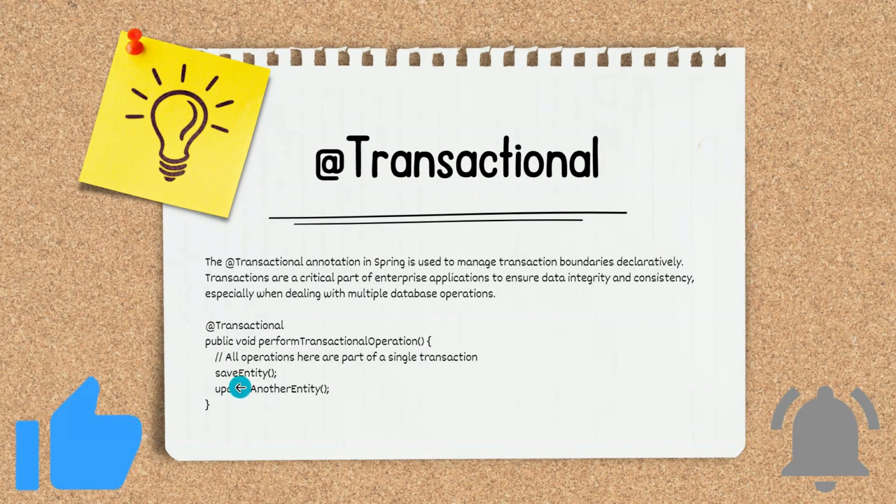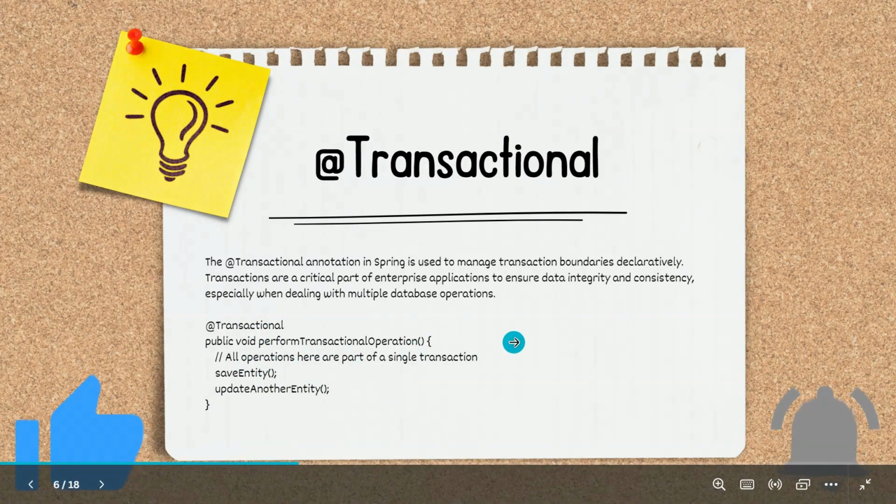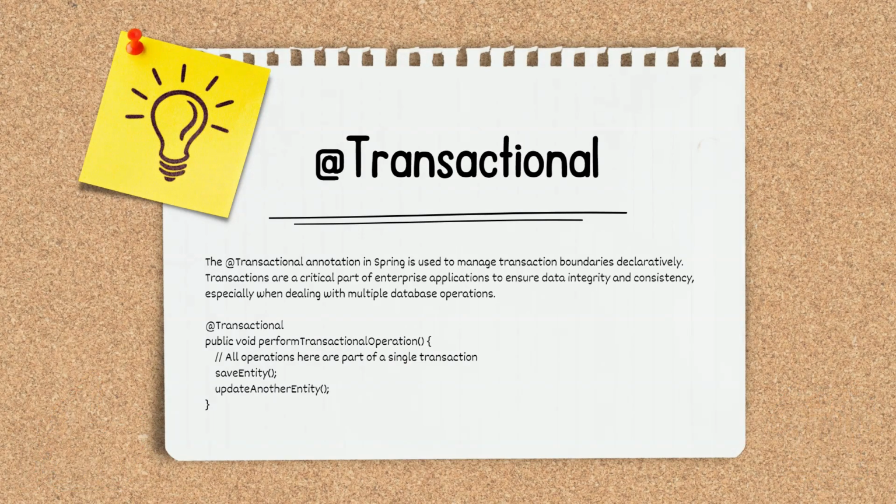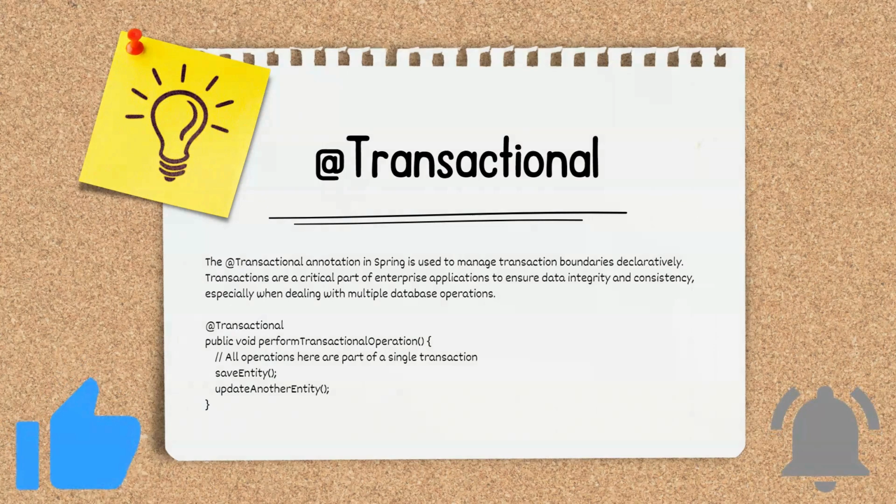In this example, we are performing two operations as one single transaction. If any one of the operations fails, we'll roll back the complete transaction. If both operations are successful, only then we'll mark it as successful and complete the transaction.